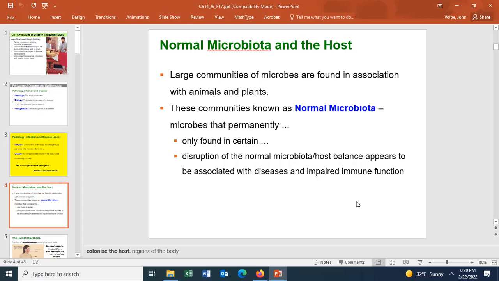Fortunately, usually the balance comes back, maybe not to the same original balance, but to a new balance. And then the patient will get better, where their diarrhea will go away or their constipation will go away. Any questions about any of that?